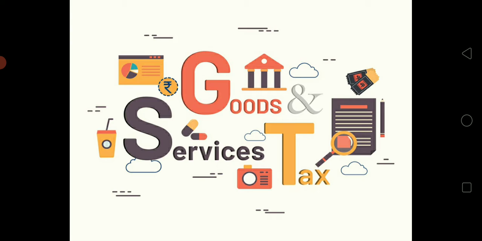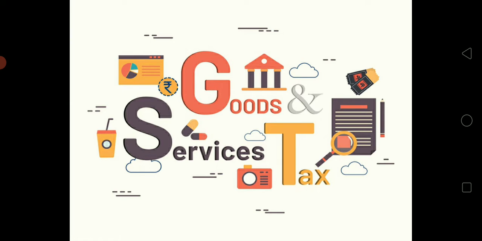Here GST can be termed as one tax, one nation and one market, because before that we had many taxes like service tax, service charge, food charge and other types of taxes, and people didn't know how all these taxes were applicable. But now when GST is introduced, it is easy for people to understand what amount and why they are paying these taxes. So this is the meaning of GST.